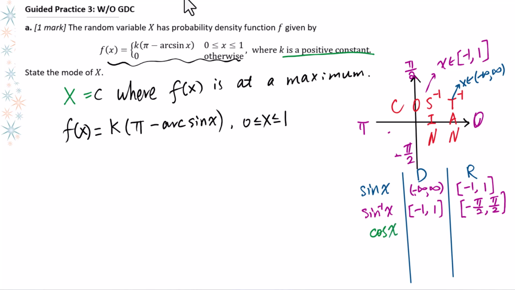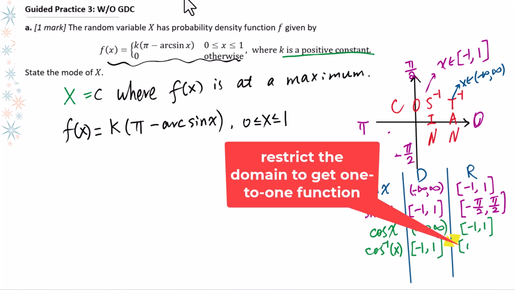For cosine function, domain is all real numbers. Range is from -1 to 1. Inverse cosine x, domain is from -1 to 1. Range is from 0 to pi.